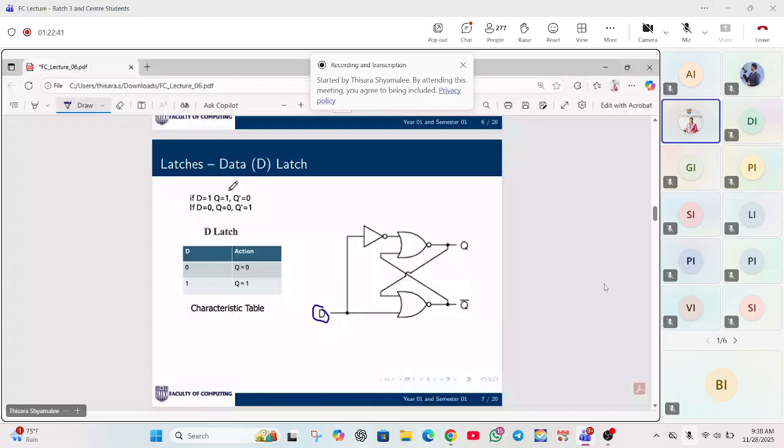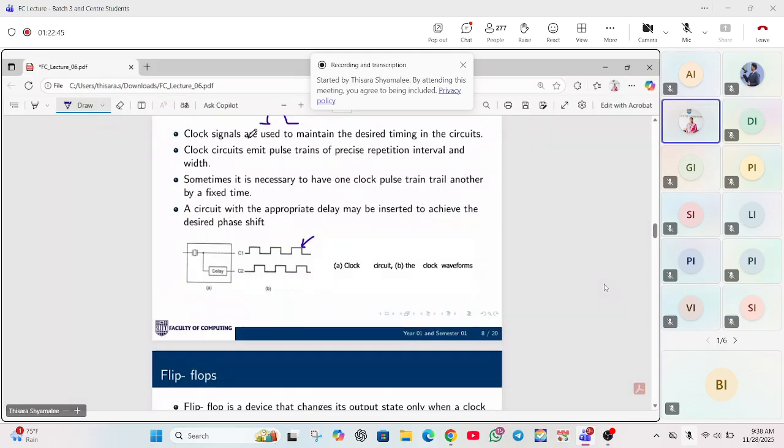In short, latch plus clock signal becomes flip-flop. Flip-flop is another digital circuit.